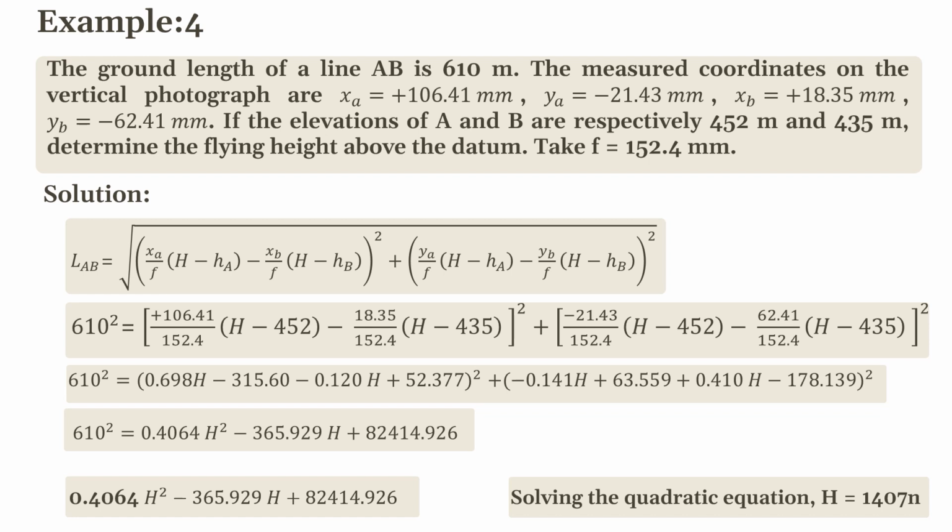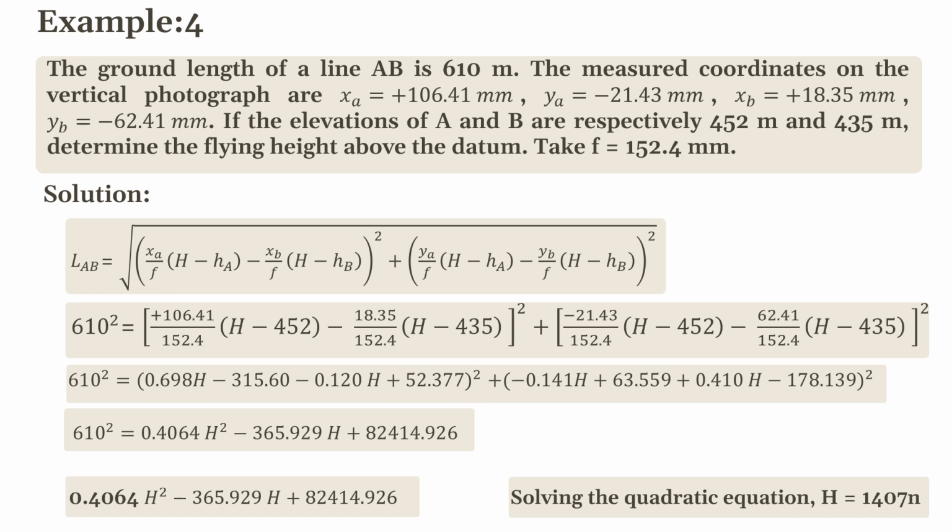Writing down the given data, the ground length of the line AB is 610 meter. Coordinates on the photograph, point a: xa is equal to 106.41 mm, ya is equal to minus 21.43 mm. And at point b, xb is equal to 18.35 mm and yb is equal to minus 62.41 mm.